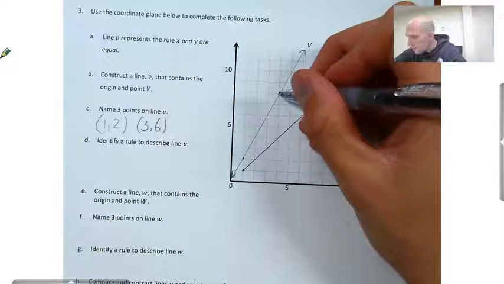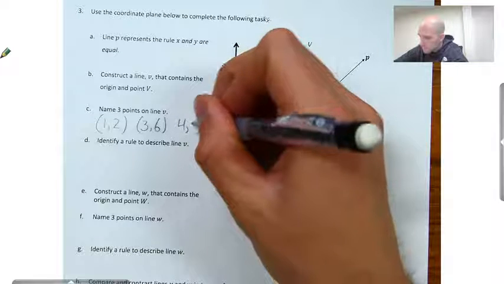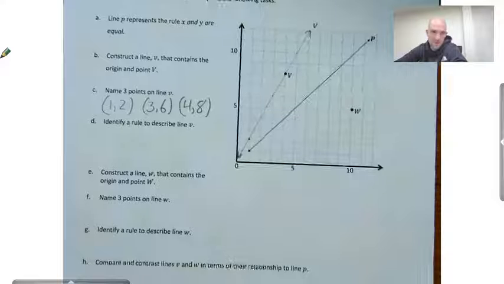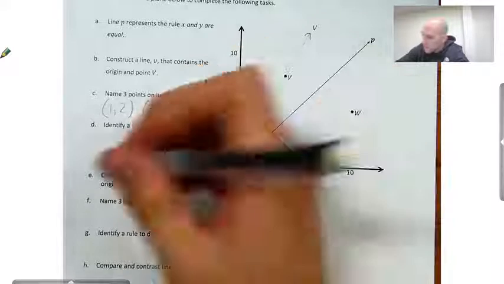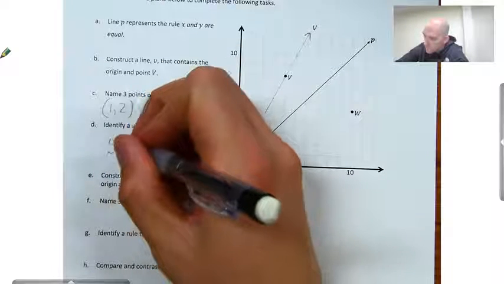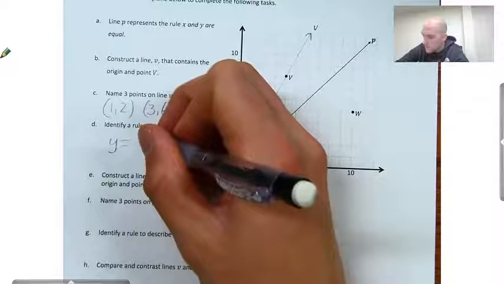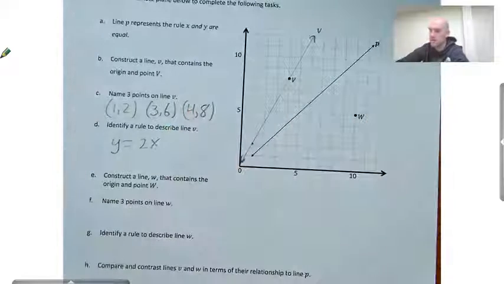And then point V looks like it's 4, 8. Now we have a multiplication rule here, and it looks like x times 2 equals y. So if we want to make our rule, say y equals 2x, or 2 times x.